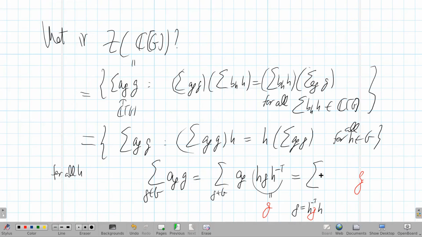So what we get here is that this equals A, and here you have H inverse H, and then in the middle a G, okay?